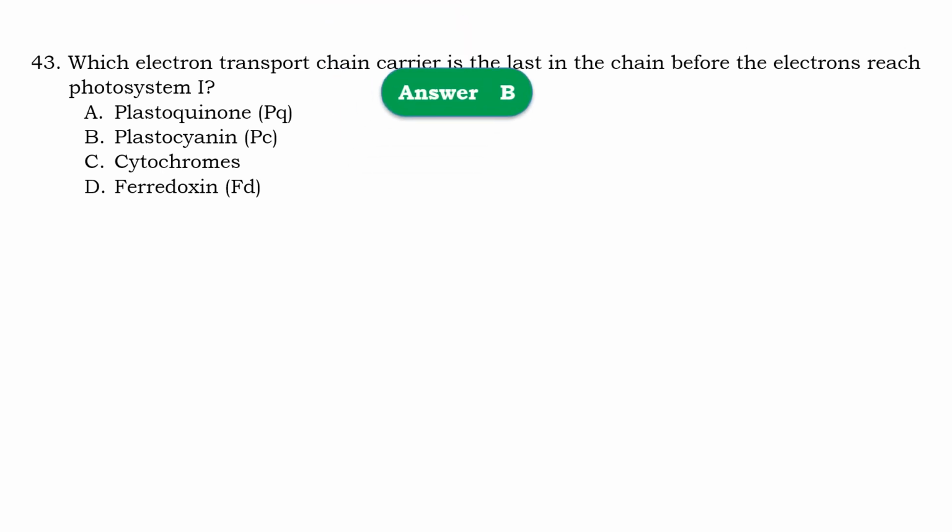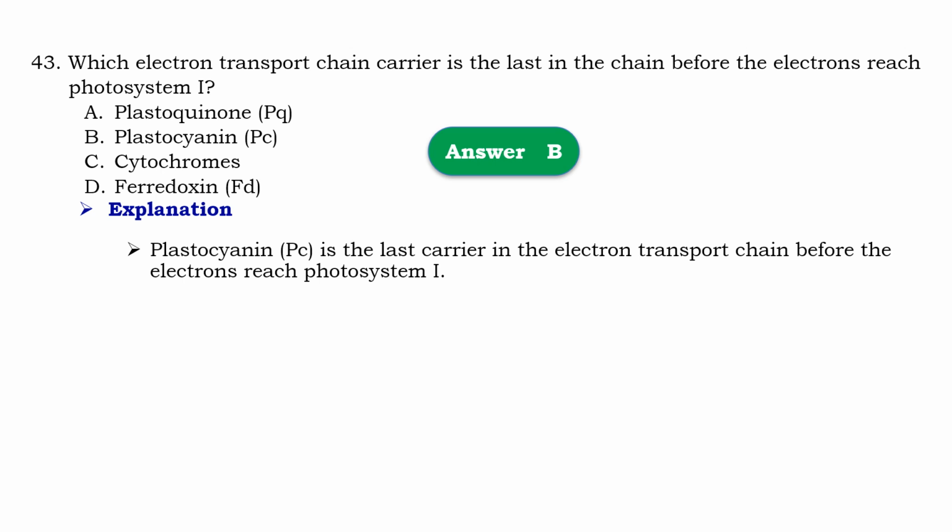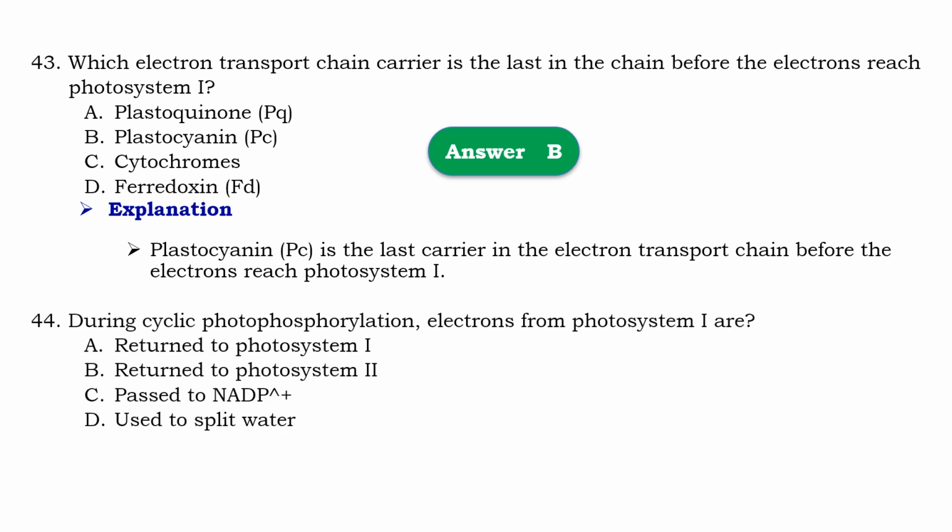So that should be plastocyanin. So plastocyanin or PC is the last carrier in electron transport chain before electrons reach photosystem 1.